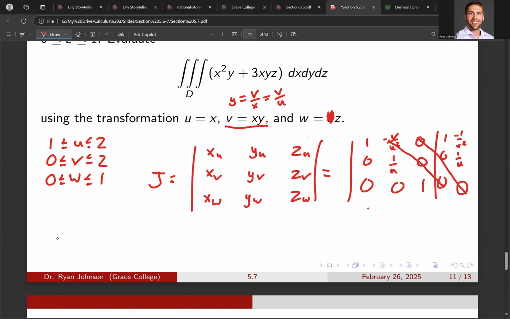This diagonal has zeros, this diagonal has zeros, and that diagonal has zeros. The only one that doesn't have zeros is this guy: 1, 1 over u, and 1. So the Jacobian is 1 times 1 over u times 1, which is 1 over u.